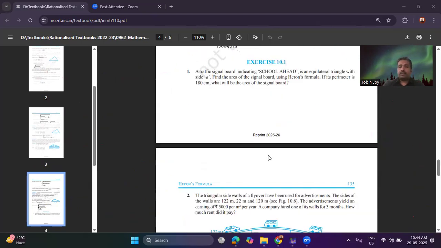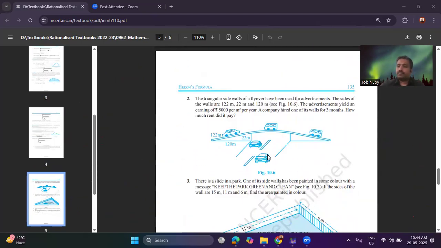Then exercise number 2. The triangular side walls of a flyover have been used for advertisements.